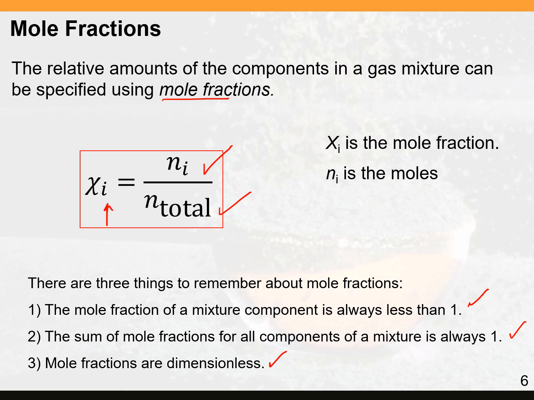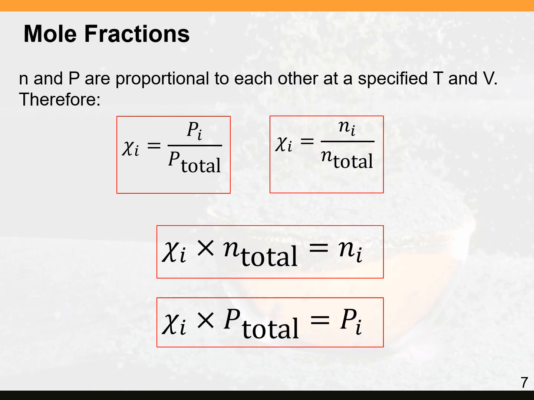This is one step short of calculating mole percent. If you multiply the fraction by 100, you would get mole percent. But we leave it as mole fraction. Remember, the mole fraction is the ratio of the moles of a component to the moles of the total.